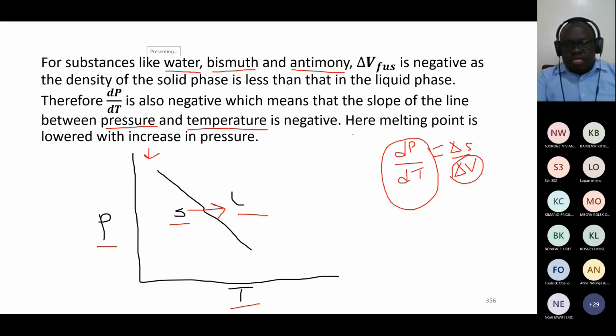So here we say that the melting point is lowered with increase in pressure. So as the pressure is increased, the melting point is lowered, okay? Because when you consider a pressure here and a pressure here, then you have two different melting points.